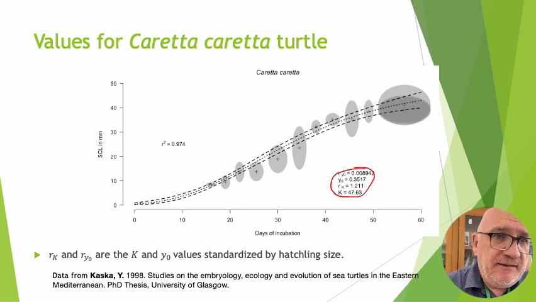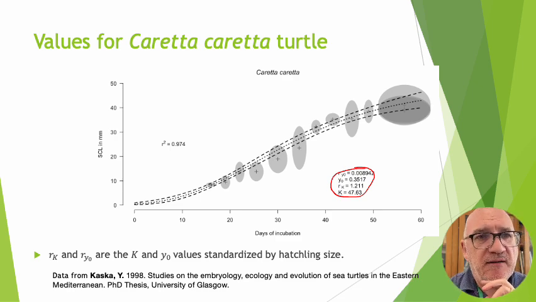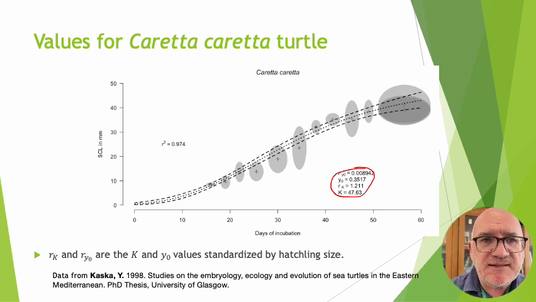On the other hand, you see that the Y0 values are very similar in both species. And here, this is the RY0, which are different. So the Y0, which is the equivalent size at laying time, could be similar whatever the final size of hatchlings.